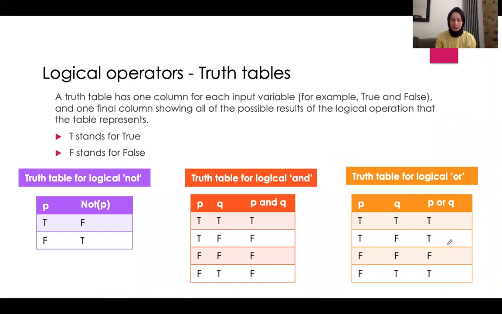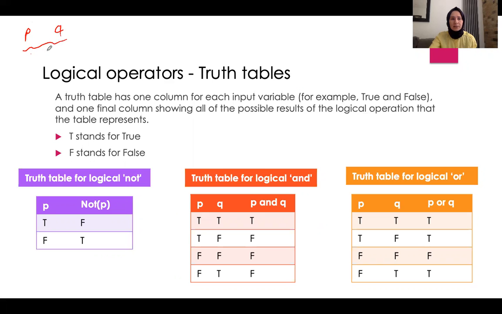Then we have logical operators. We have truth tables. A truth table basically has one column for each input variable and the final column showing all the possible results of the logical operation that the table represents. And in the truth tables, guys, we have the P and Q values. Basically, those are the hypotheses, right?